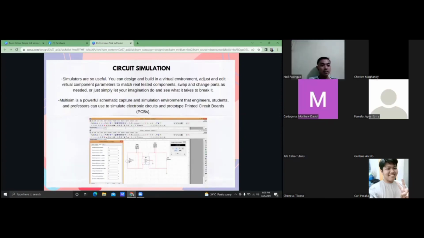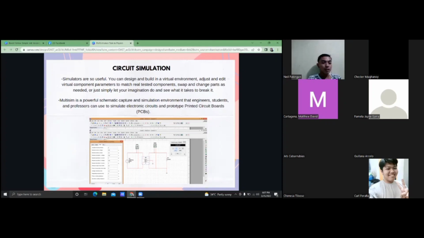Now for the circuit simulation. Physical electric circuits built with real components can be challenging and complicated. This means that creating your circuit may require parts, and maybe you do not even have the parts, but you have a unique idea that you think will work.